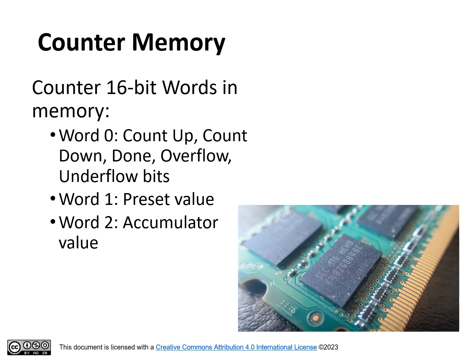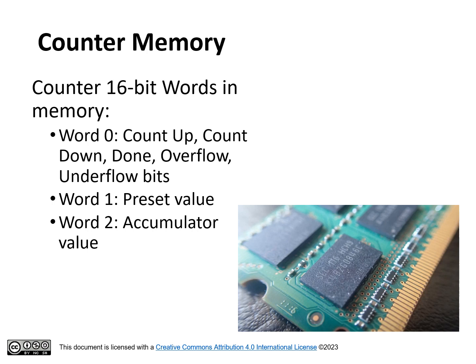The OV bit turns on when the accumulator has exceeded its maximum value, 2 to the 15 minus 1. The UN bit turns on when the accumulator goes below the minimum value, negative 2 to the 15. Word 1 contains the preset value.